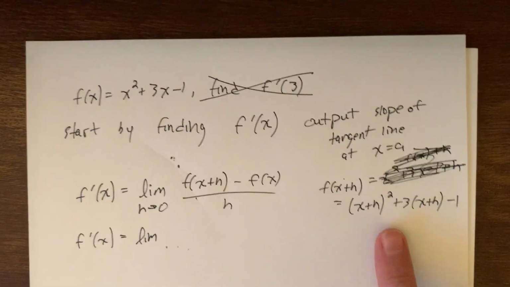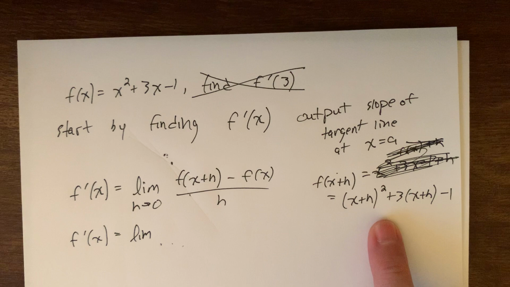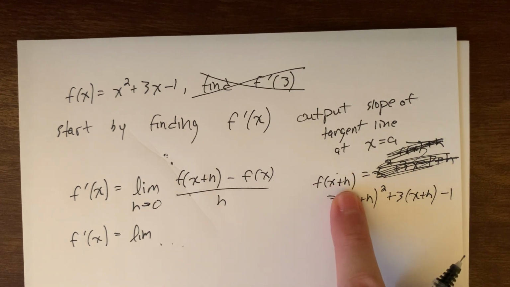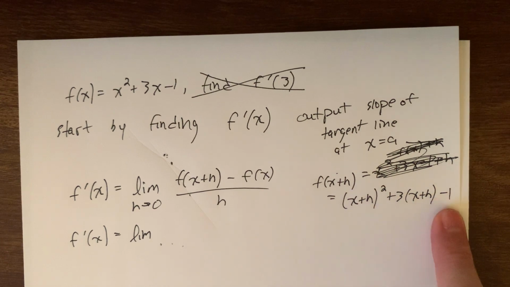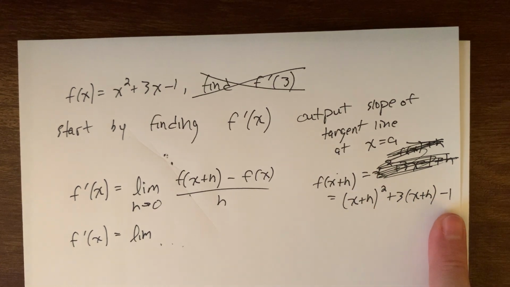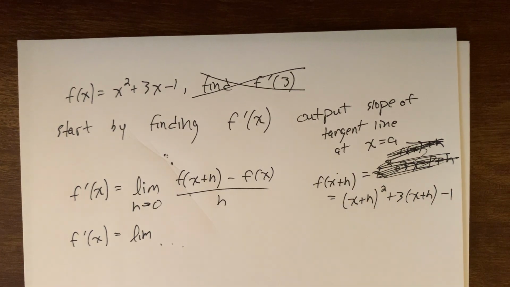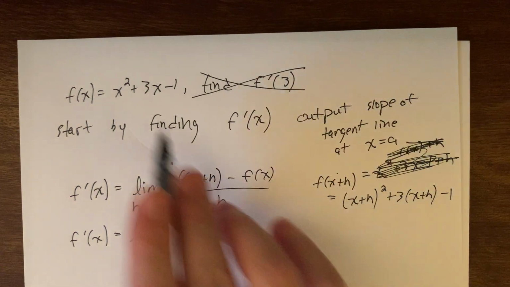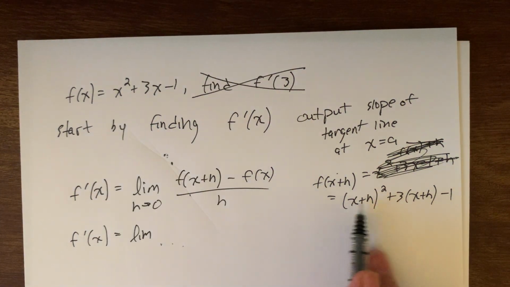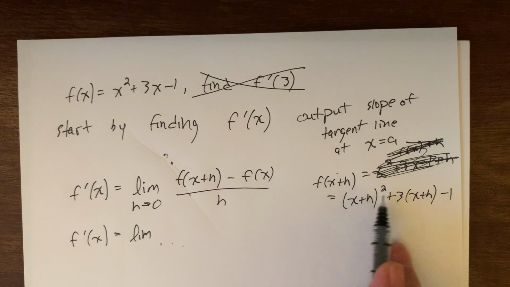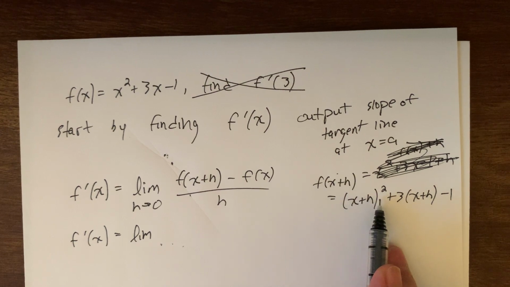So what is the correct way? It's always, just like we do with our numbers, whatever is inside the parentheses here replaces the x and preserves all the same original relationships. So x squared became quantity x plus h squared. Not x squared plus h at the end here. That's not it either.